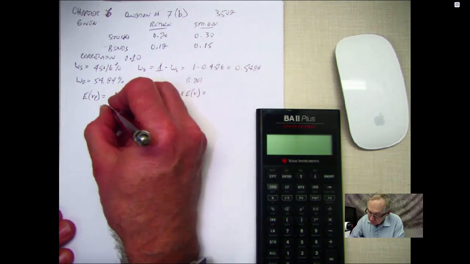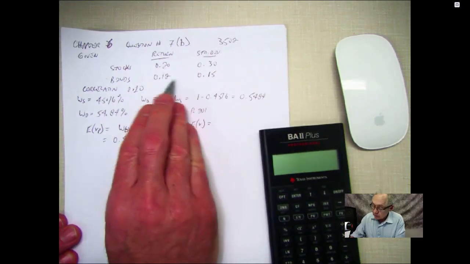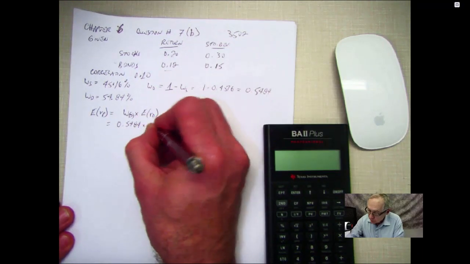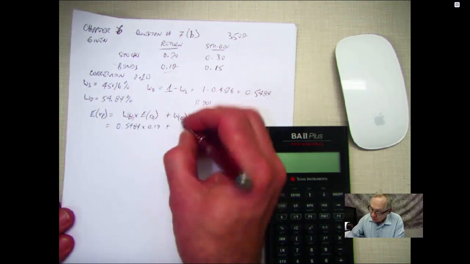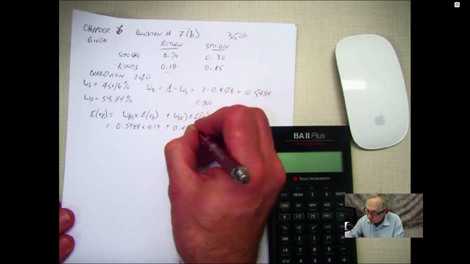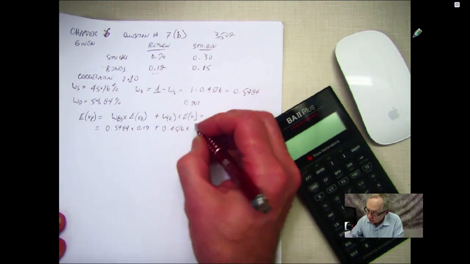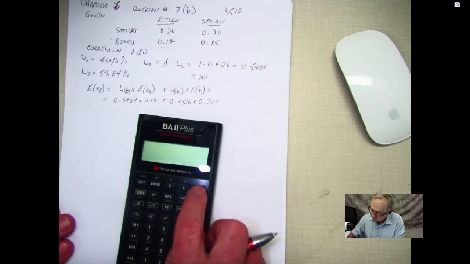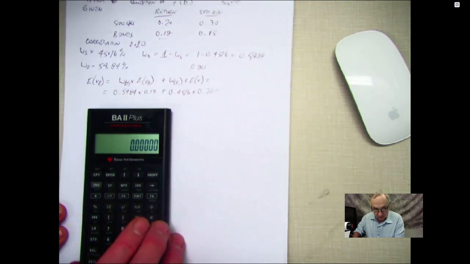The weight of debt, 0.5484. Expected return on debt, 0.12. The weight of equity, 0.4516 times expected return on equity, 0.20. So that we can start to work through this.